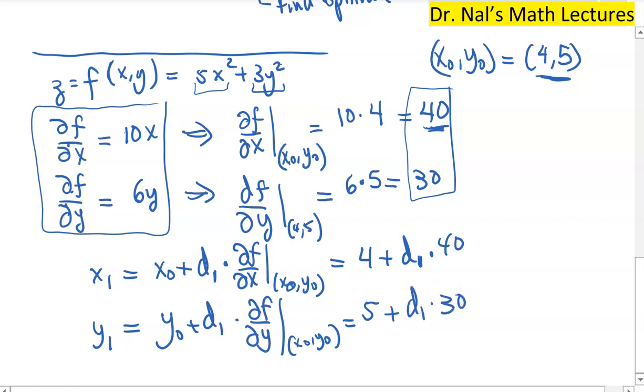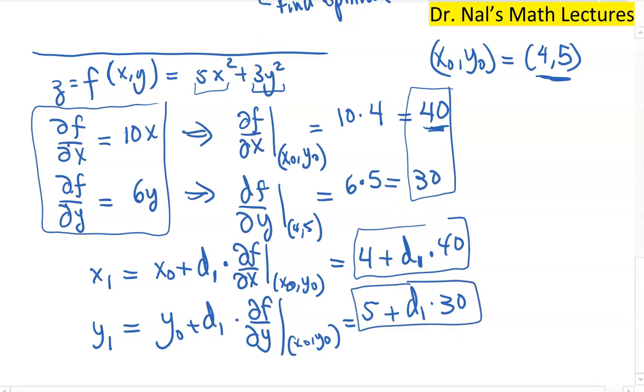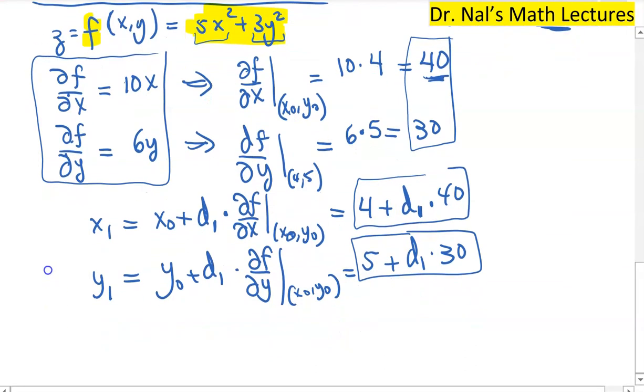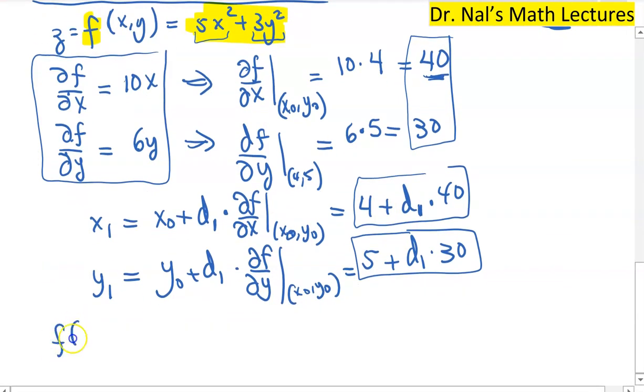There you go. So now what I can do is substitute these two values into the original function, and it will turn the function into a single variable in terms of d1. Let's just go ahead and do that. The procedure at first seems very intimidating, but after a while you will definitely get used to it.